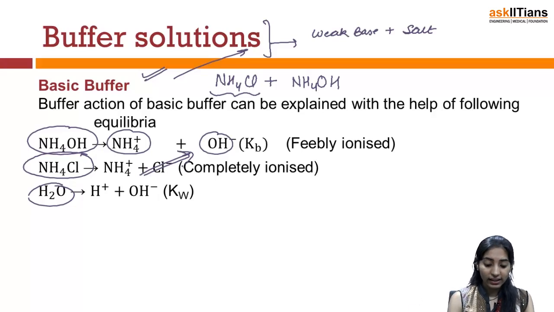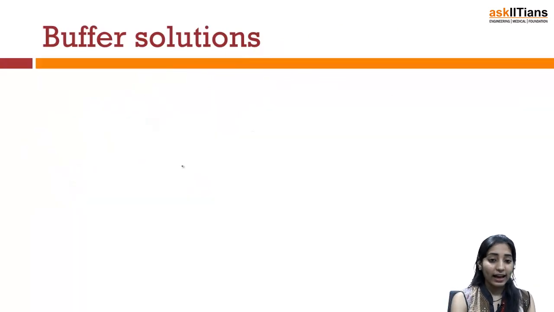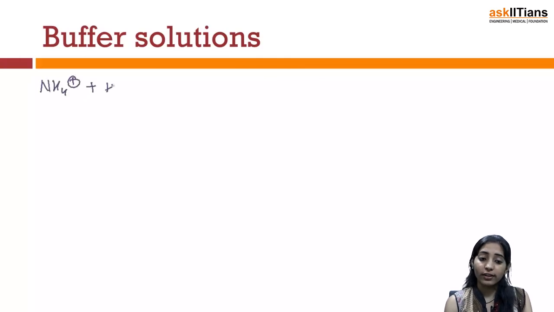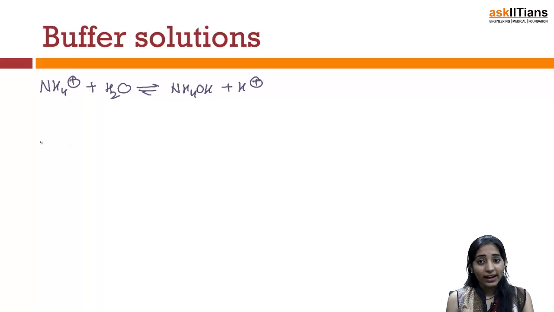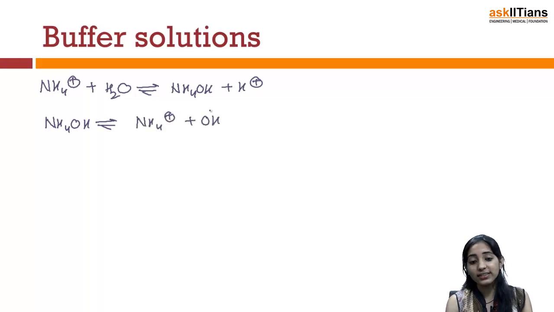The only reaction taking place is NH4+ plus water giving NH4OH plus H+. If I write it the other way round, the equilibrium is NH4OH dissolving in water to form NH4+ plus OH-.